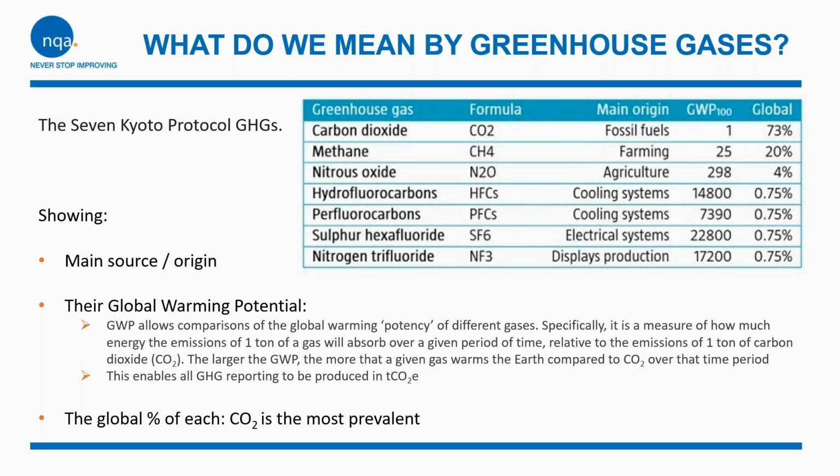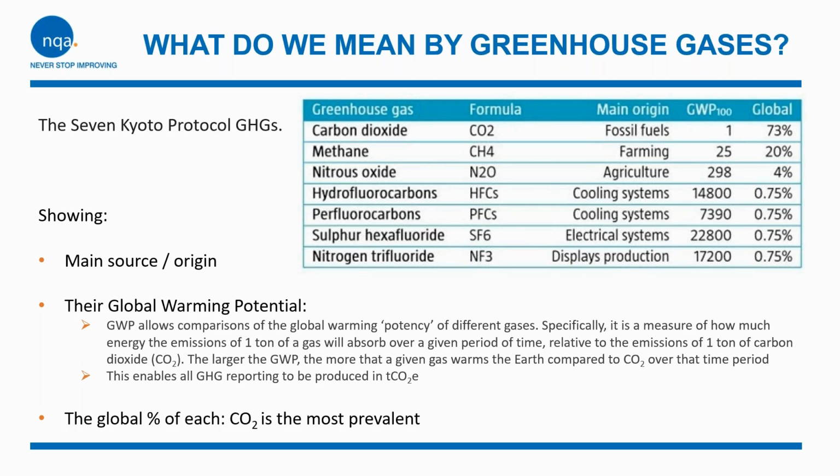So that potency varies depending on the gas, and it varies depending on the lifespan of that gas within the atmosphere itself. But to make life easy, the global warming potential allows us to compare all of the greenhouse gases within the Kyoto Protocol against a single unit of measurement, which is 1 ton of carbon dioxide.